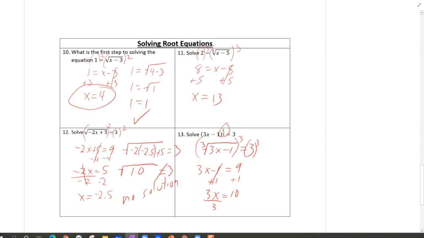Oops, yep, that didn't make sense. 3 cubed is not 9, it's 27. So 29 divided by 3, or that is a simplified fraction. So that's 9.666666, or 9.7, approximately.